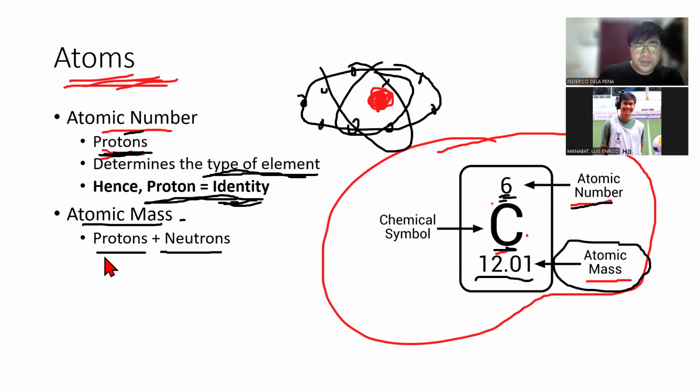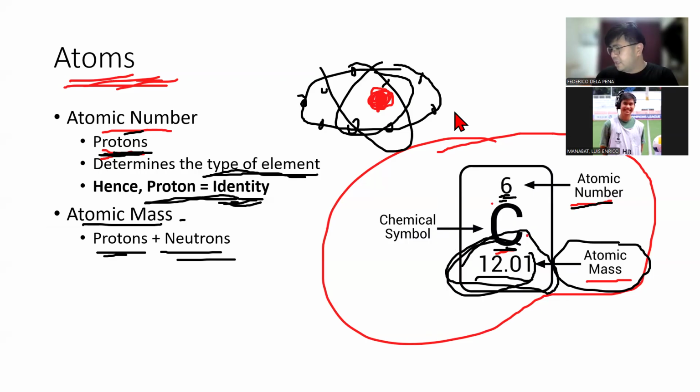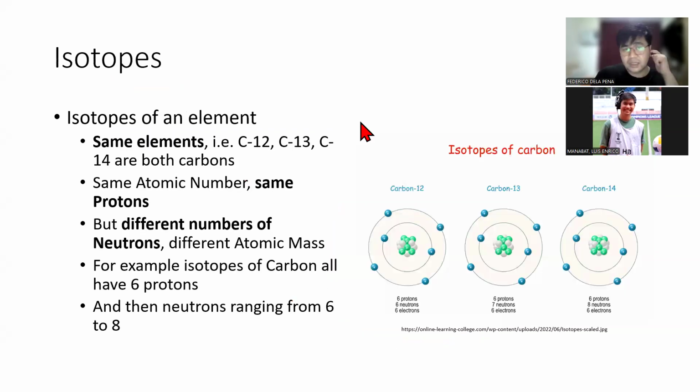Atomic mass is protons plus neutrons. The significance of atomic mass is this one defines the identity of the isotopes of an element. Let's talk about isotopes in the next slide.